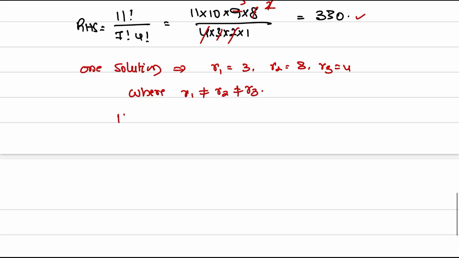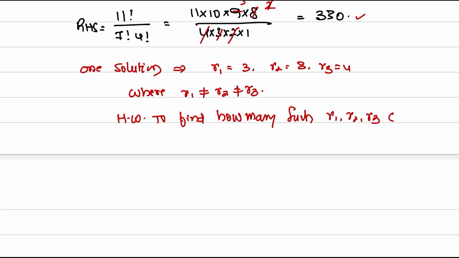Your homework is to find how many such R1, R2, R3 can be possible for n equal to 11.